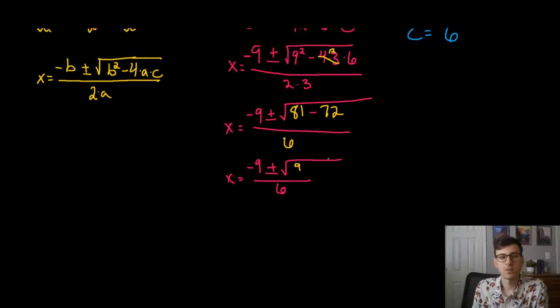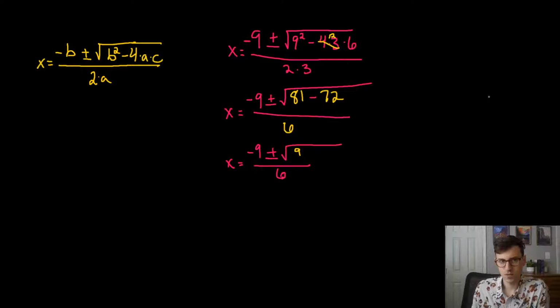Okay, so the square root of 9, x equals negative 9 plus or minus the square root of 9, which is 3, divided by 6. Now, let's look at what we can do here. Because I have this plus or minus, that means I can split into 2 different directions with this problem.